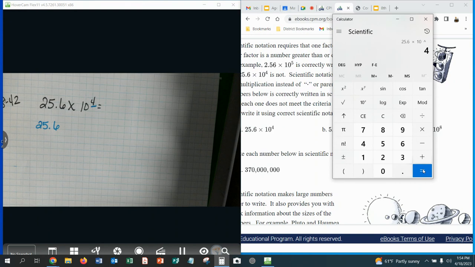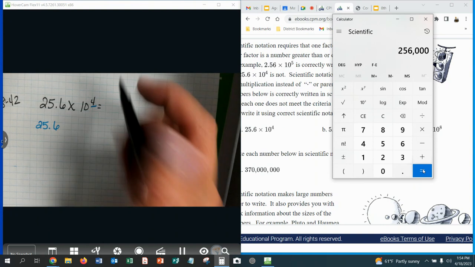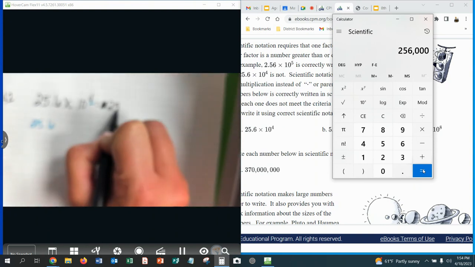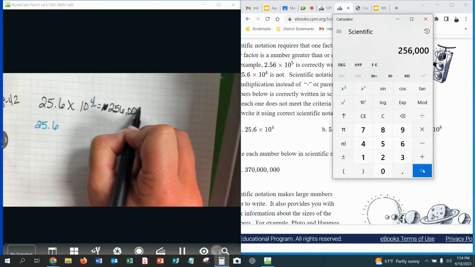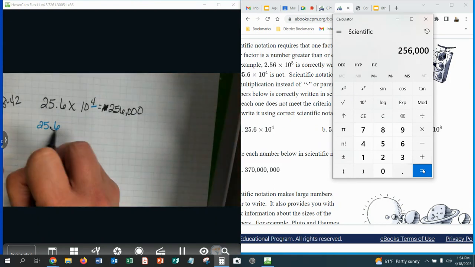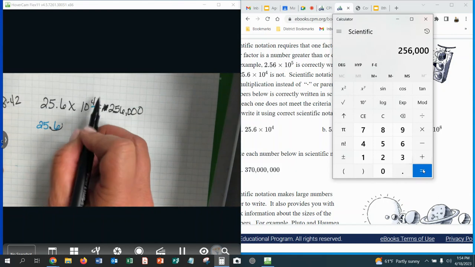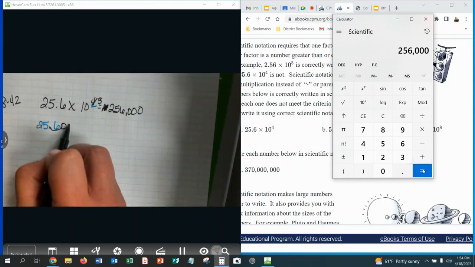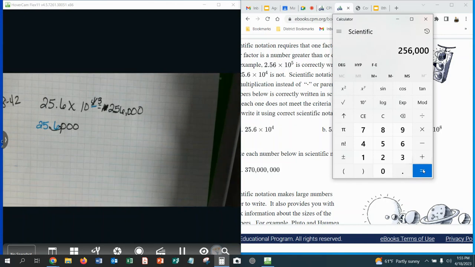Did you get it? Is it what you thought? 256,000. Because I moved it out 1 space and then I had to add 3 more zeros. That's how I got the 256,000.